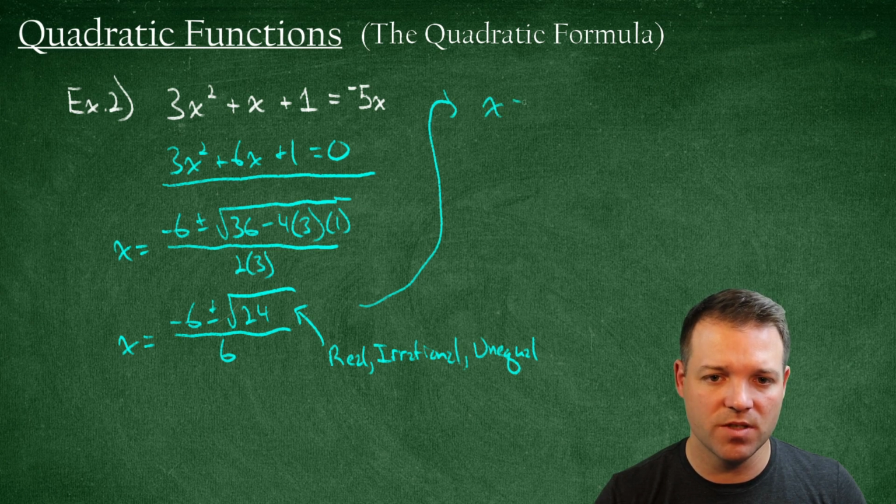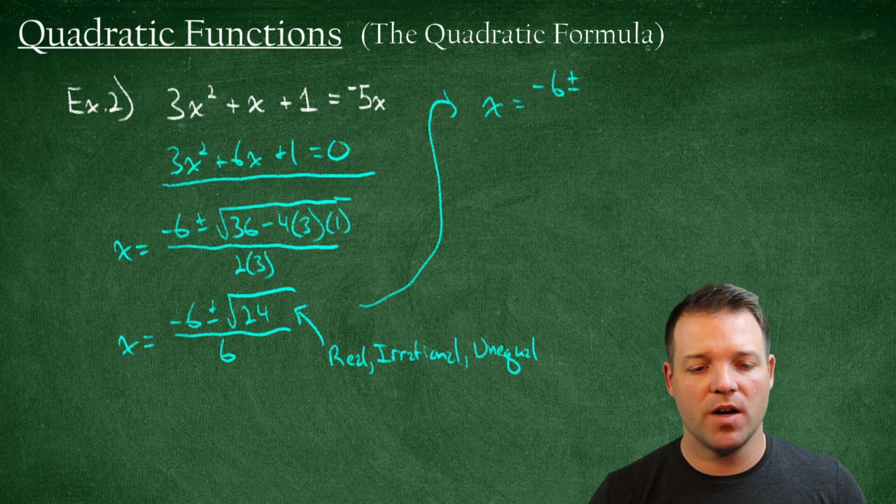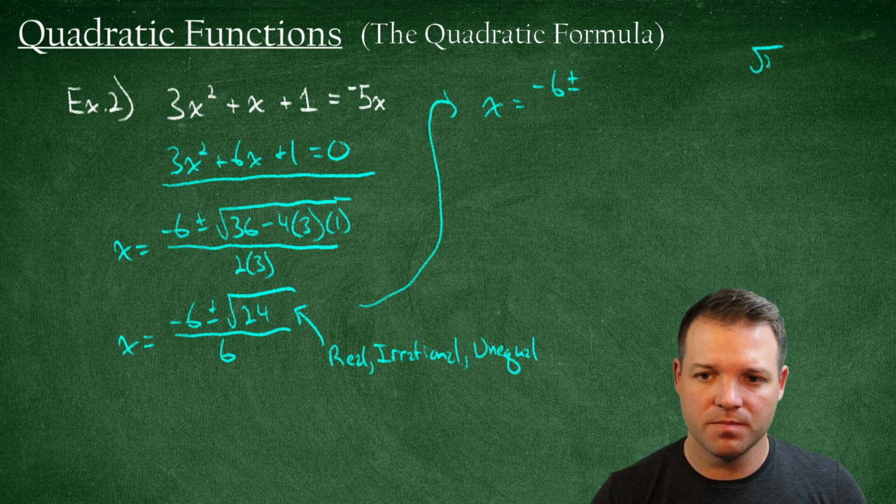So x is equal to negative 6 plus or minus the square root of 24, which is the same thing as the square root of 4 times 6. If I separated those out, I could take the square root of 4 and pull that out as 2 root 6.